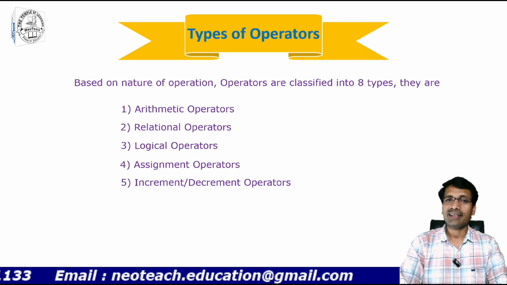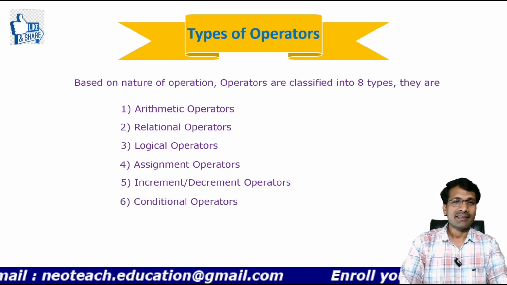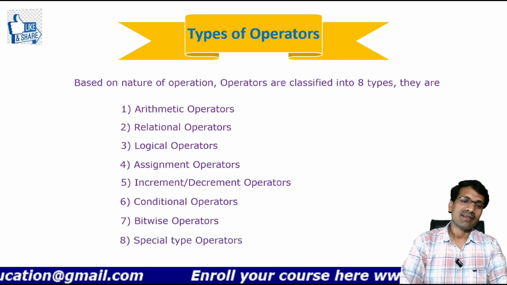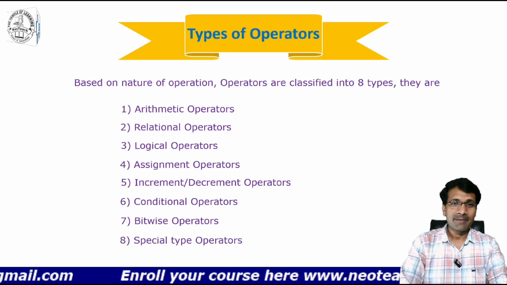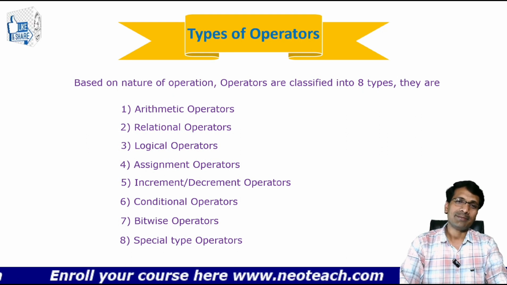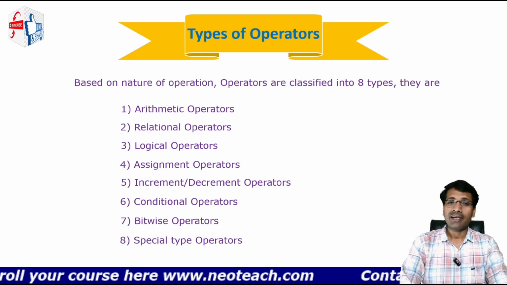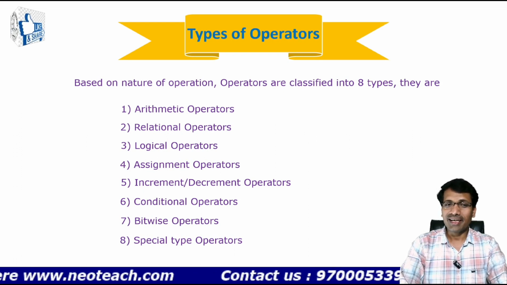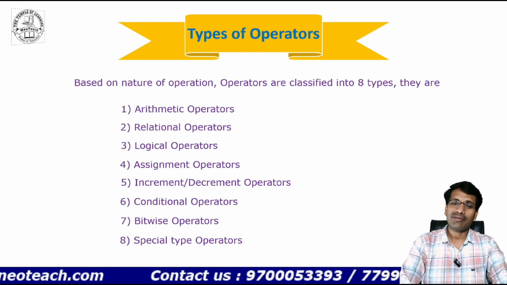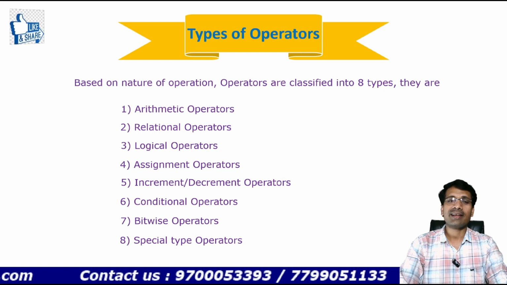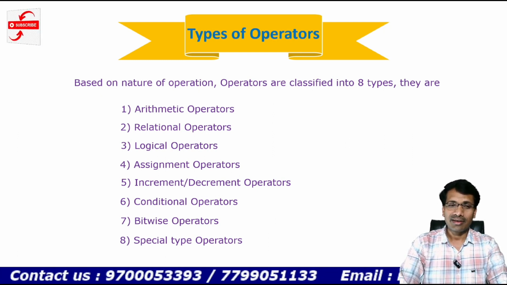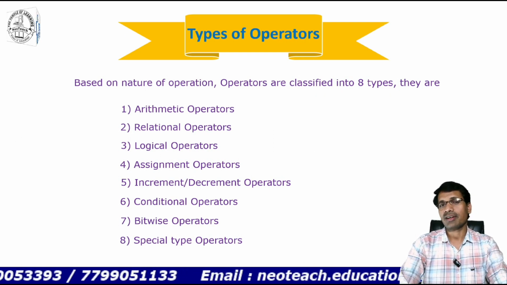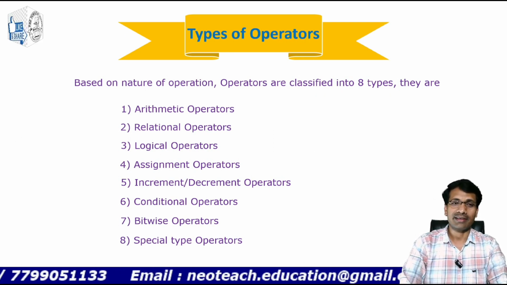Next, increment and decrement operators, conditional operators, bitwise operators and special operators. Like this, 8 types of operators are available in C language. Now we are going to pick them one by one. First let me explain arithmetic operators, then we will write programs on that, and then relational operators and programs using them. One after one we will discuss in detail.